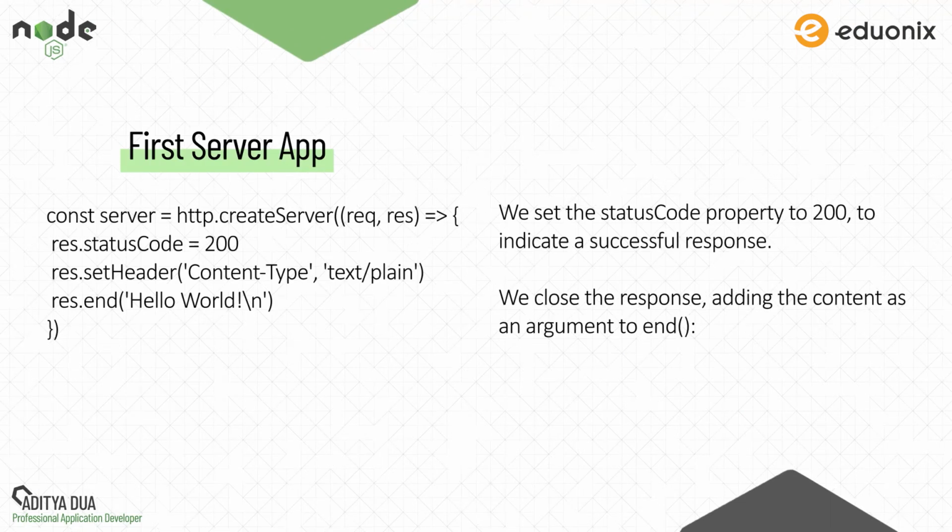You have a create server, so now the server is created. What you are doing is saying that for whatever request this server gets, in the response, pass this status code, pass this header, and pass this end. So now this part of the code is done, and my server is created.